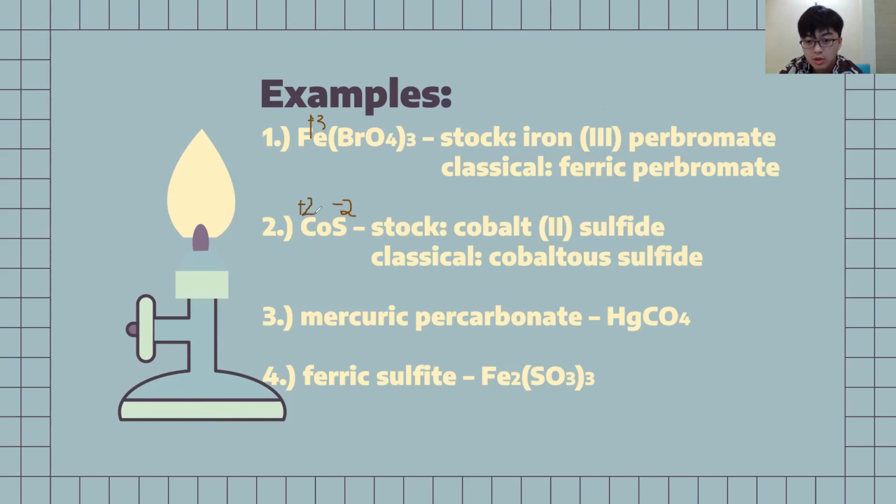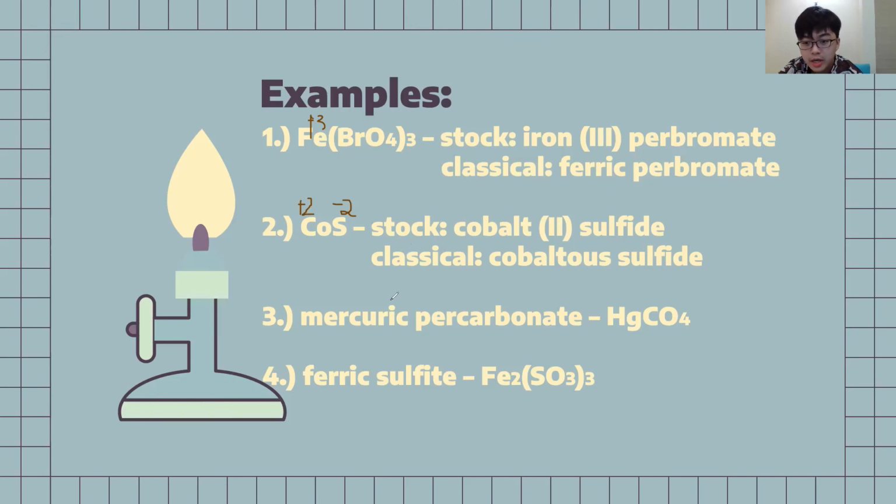So Co is cobalt, Roman numeral II, and then sulfide. Next, we continue to the classical system. Cobalt has two possible charges, +2 or +3. Because it is +2, it is the lower charge. So cobalt plus -us, so cobaltous, and then sulfide.